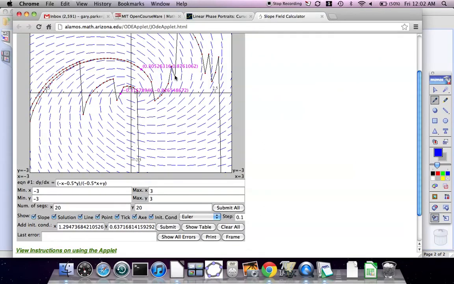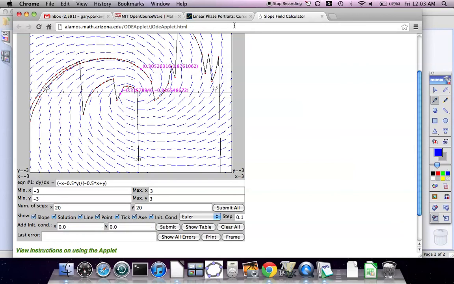So the 0.11 is somewhere over here, around here somewhere, and the -3 means from that point I'm going to be going this way, and then this vector is going to pull me that way, and this vector is going to pull me that way, and this vector is going to push me that way, this vector pushes me that way, and I'm going to keep getting pushed in and around and in and around from that slope field.